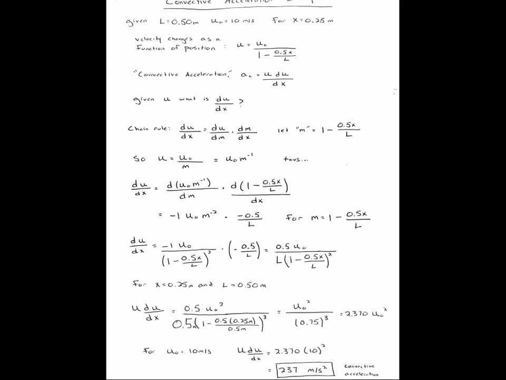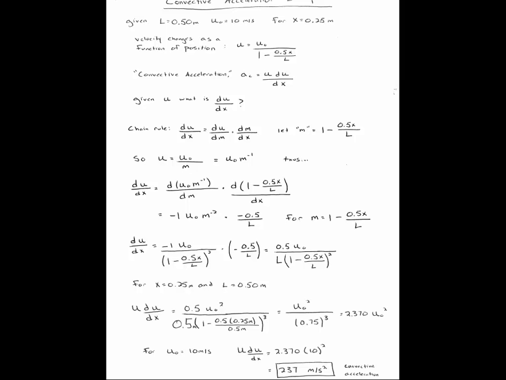Let's check this equation to make sure that we're going to get 20 at the exit. At the exit, x will be equal to L. If we sketch that nozzle back on the screen, L is the entire length, and x is just some distance into the length of the nozzle.